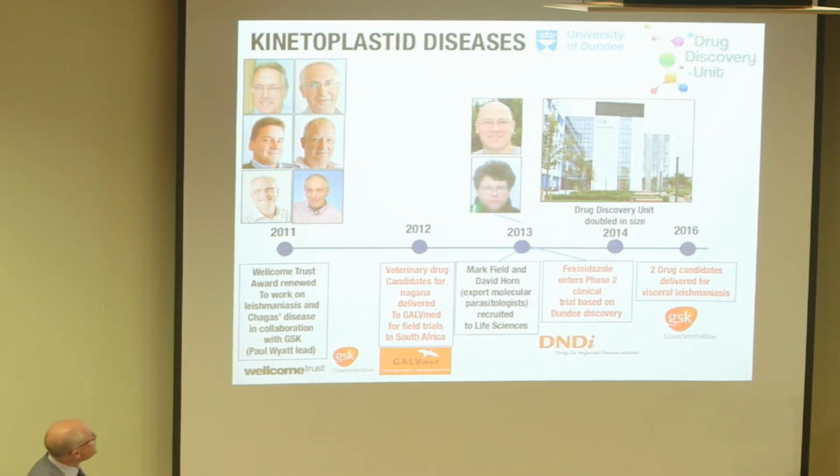We brought in 2 other key molecular parasitologists, David Horn and Mark Field, in 2013. And the most important output was that by 2016, by the end of last year, we delivered 2 preclinical drug candidates for visceral leishmaniasis.